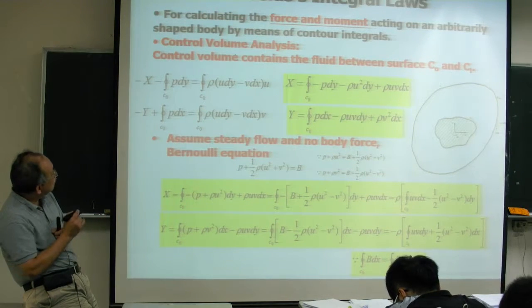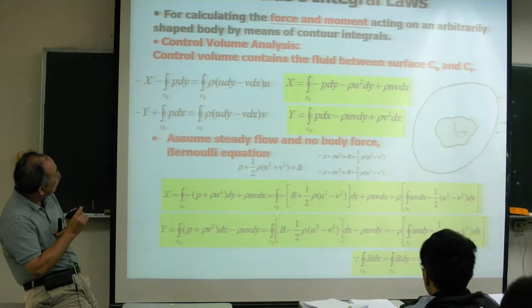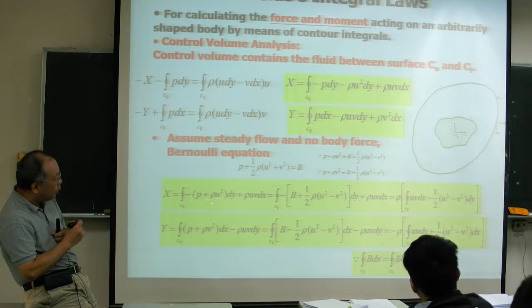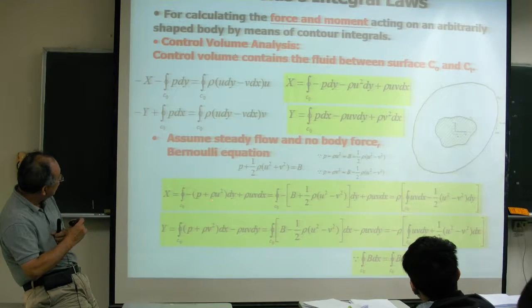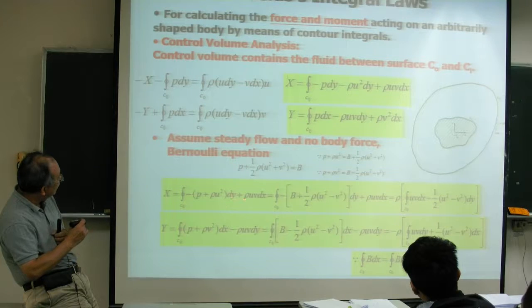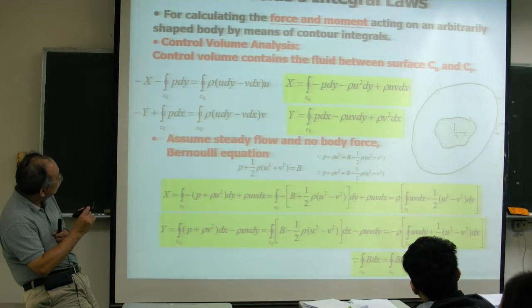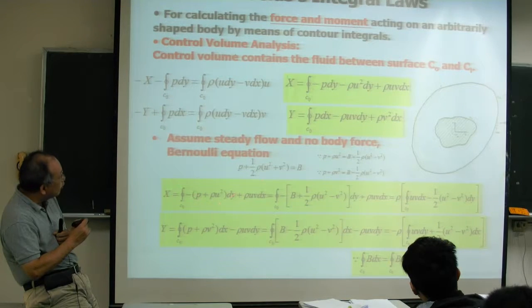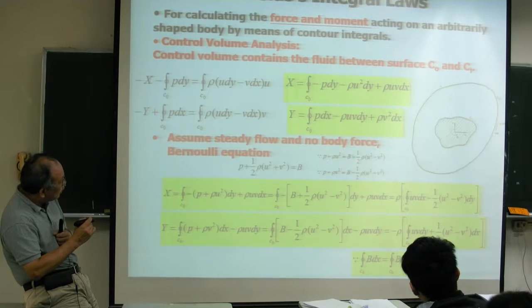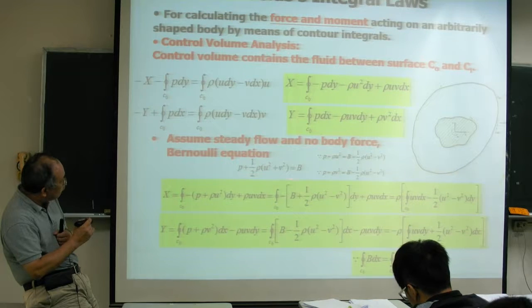So as you can see, P and rho U squared can be summed up together for this integral. This is the dy integral, so dy becomes P plus rho U squared here. And we take a minus outside this bracket. And the rest of the term is rho UV dx, right? And P plus rho U squared here can be replaced by using the Bernoulli equation.